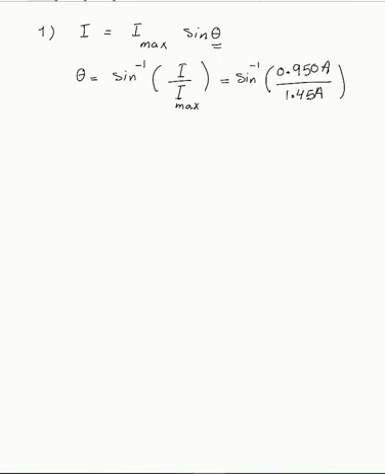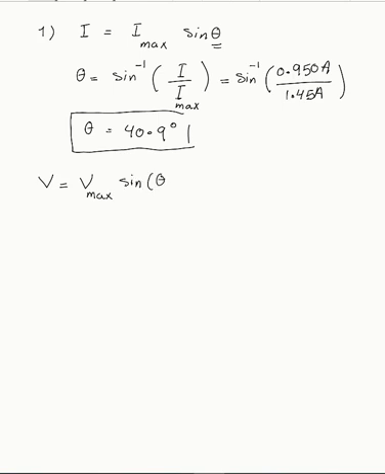So I just plug in the numbers for I and I max, and it will be 40.9 degrees. Now that I have theta, I can go ahead and find V from the equation V equals V max sine of theta minus 90 degrees.